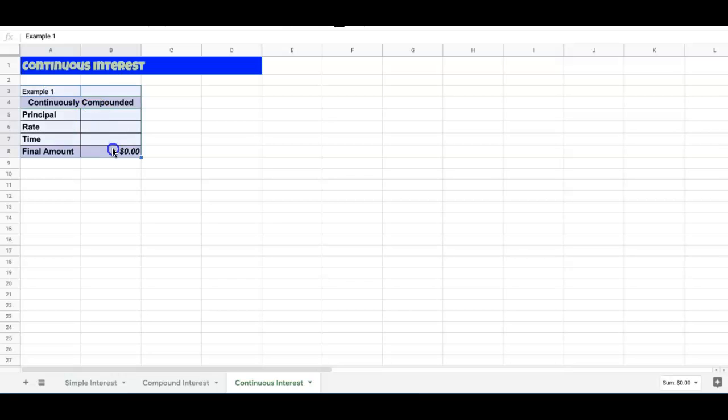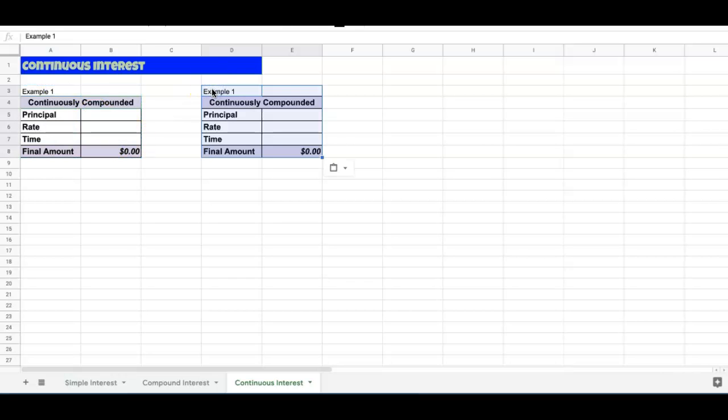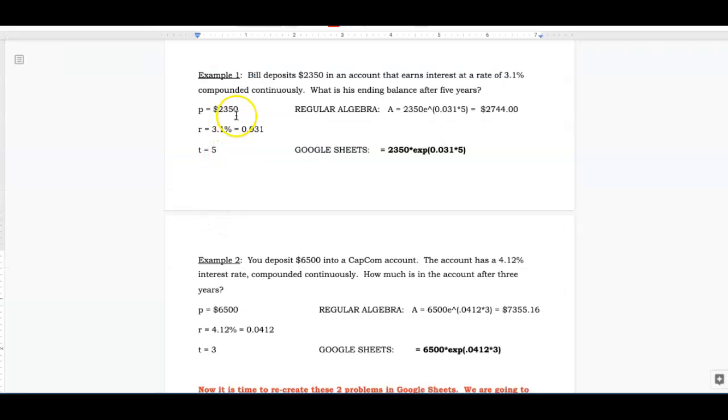And I'm just going to make a second copy of this over here because we had two examples, so I don't have to type it all over again. And notice it brought the formula with it. It's always important to make your formula before you copy your calculator, so then the calculator gets copied and saves you all that work. So let's just double check our calculator here. This is example 1 from our notes.